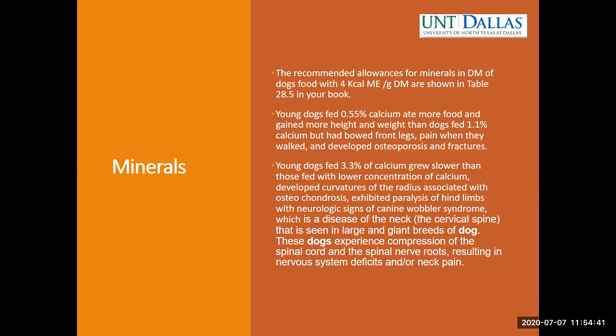Young dogs fed 0.55% calcium ate more food and gained more height and weight than the dogs fed 1.1% calcium, but had bowed front legs, pain when they walked, and developed osteoporosis and fractures. Young dogs fed 3.3% calcium grew slower than those fed lower concentrations of calcium and developed curvatures of the radius associated with osteochondrosis. They also exhibited paralysis of hind limbs with neurologic signs of canine wobbler syndrome.